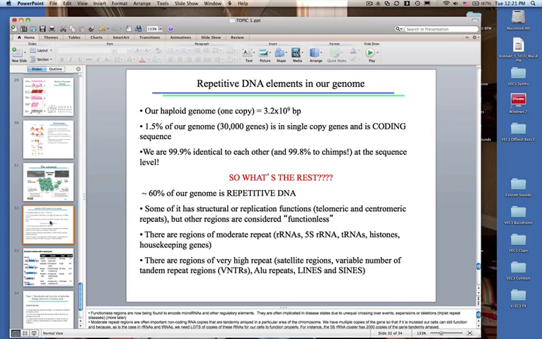And here's the fun part, right? 99.8% identical to our buddies, to chimps. The crazy thing, and the thing that's really cool, is that now that we have all these genomes sequenced, we can actually look at what's different, right? So what's in that 0.2% that's so different, right?